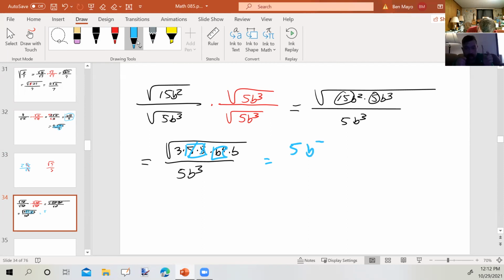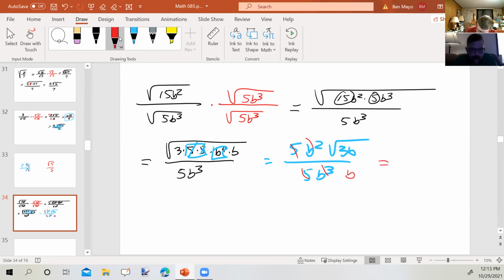This is going to be a b squared outside, and I'm going to have the cube root of 3b inside. But now I can come back and reduce the 5s and reduce b squared over b cubed to a b in the denominator. And my final answer is that.